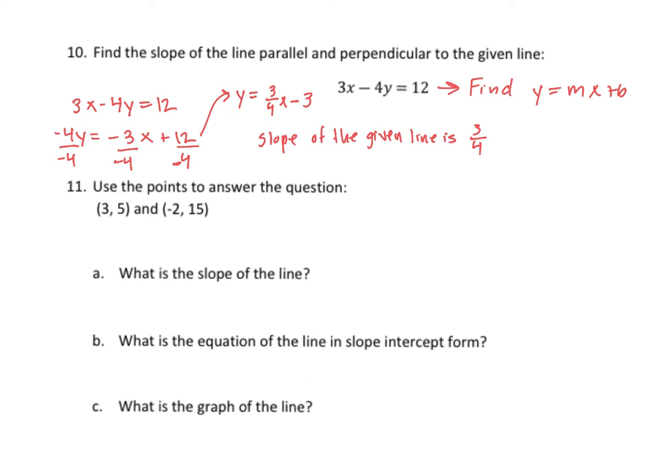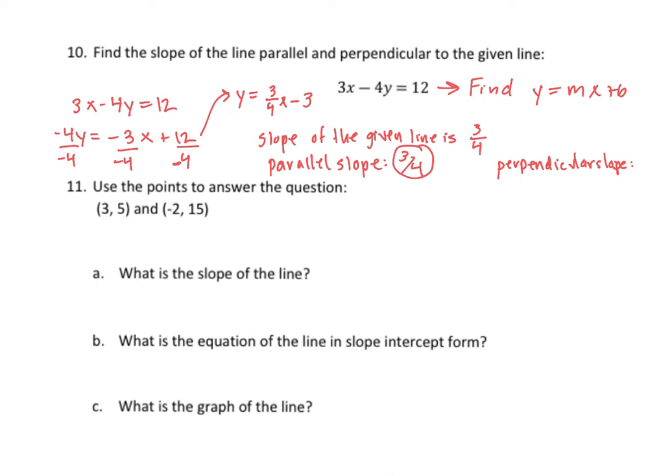Now we want to find the parallel slope and the perpendicular slope. The parallel slope is the easiest because it is the same slope. So the slope of the parallel line is 3/4. The slope of the perpendicular line is, you need to flip the fraction, so instead of 3/4 it's 4/3, and change the sign.